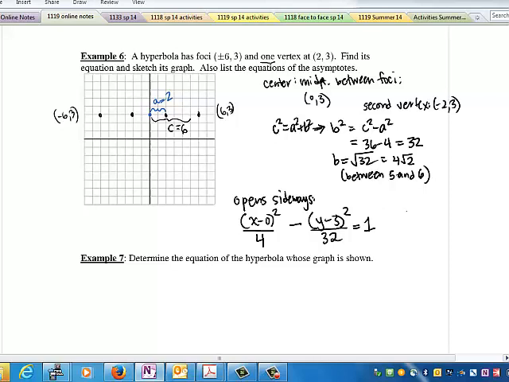And now the rest is just to get the sketch of this. We have already labeled the center and the vertices and the foci. So now we want to just use this b value to get our central box. So between 5 and 6 up and down from that center. 1, 2, 3, 4, 5. So a little bit higher than that. 1, 2, 3, 4, 5, and a little bit lower than that. So let's sketch the central box and connect its corners to get the asymptotes.